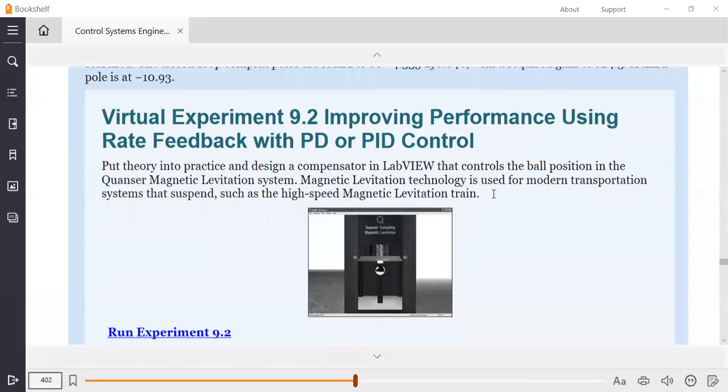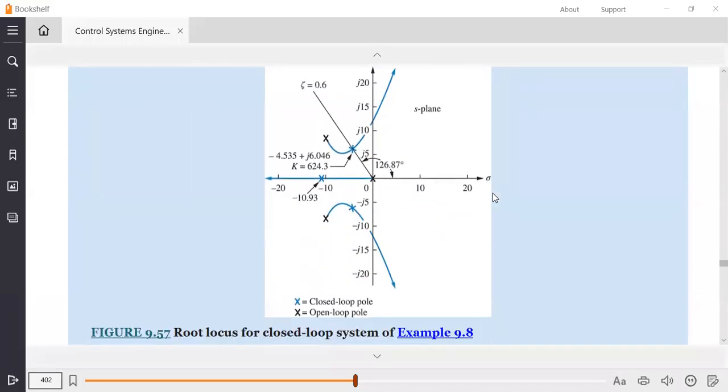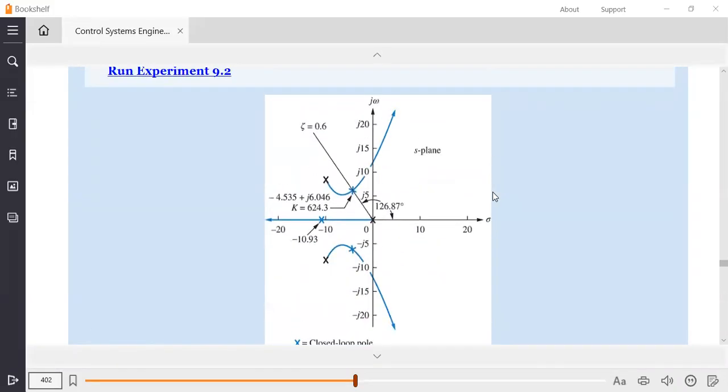Okay, so now go for the major loop. The major loop starts with three poles, from where we stopped in the minor loop. One pole is here, the other pole is here, and the pole at the origin.